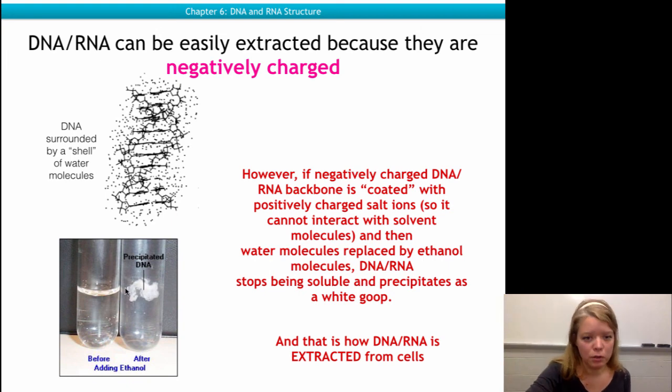And when ethanol was added, you can see how much more ethanol, this whole tube is filled up with ethanol, the rest of the water is displaced, and the ethanol is not the strong dipole that water is. As a result, the DNA, because it's a very large molecule, actually should not at all be soluble in water if it didn't have these negative charges on its phosphate.